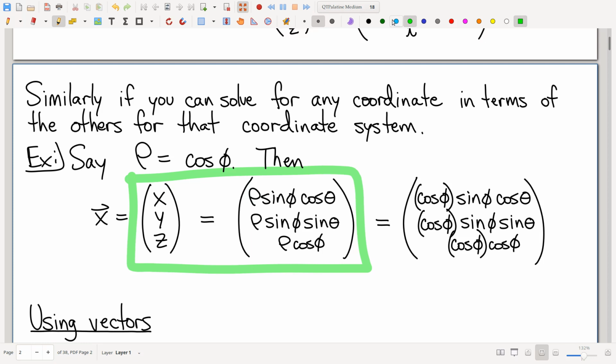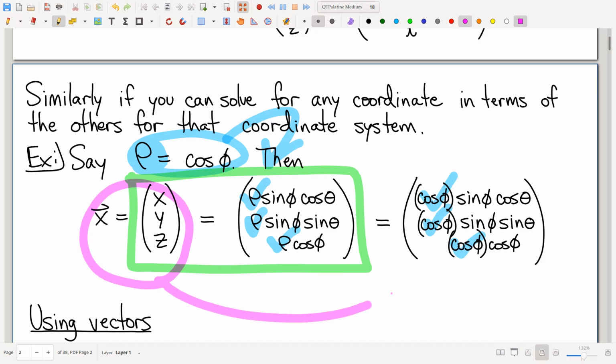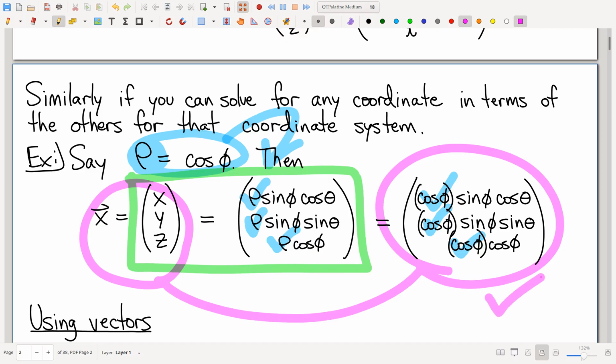But then, again, just like we did previously, if you have one of the variables solved for as a function of the others, stick it on in there. And there's your parameterization. And notice that as required, we have position as a function of two parameters, phi and theta in this case.